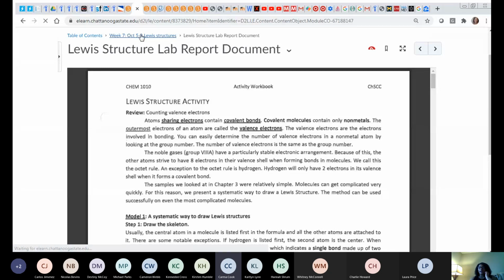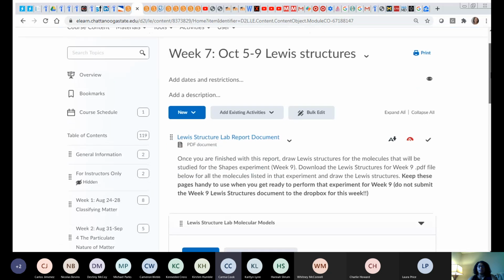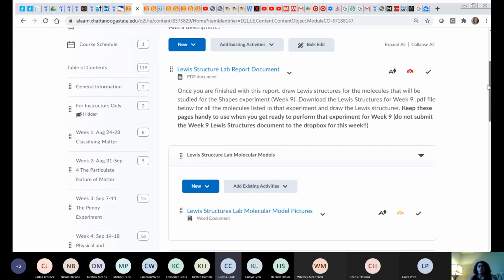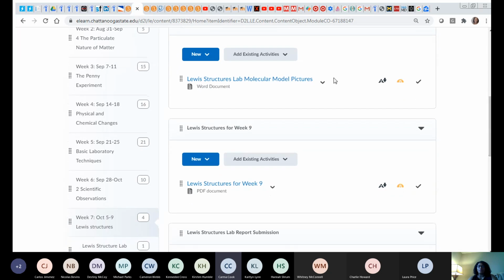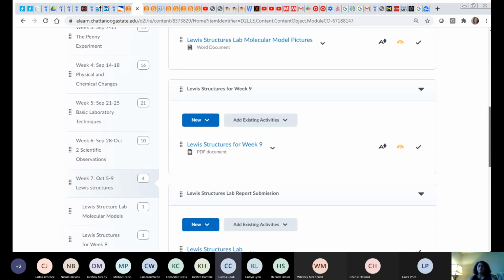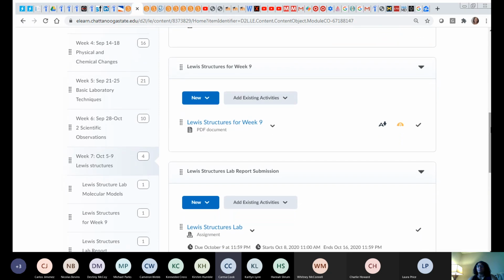So if you go back to our eLearn page for this week, if you haven't downloaded the model pictures yet, there's the Word document for the model pictures. And then we're going to revisit Lewis structure concepts again 2 weeks from today during week 9.